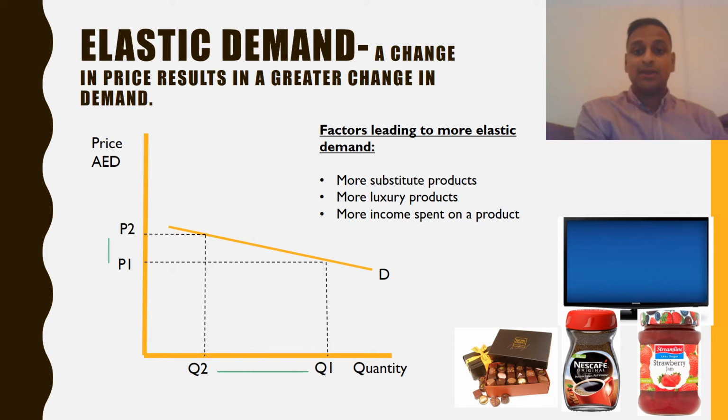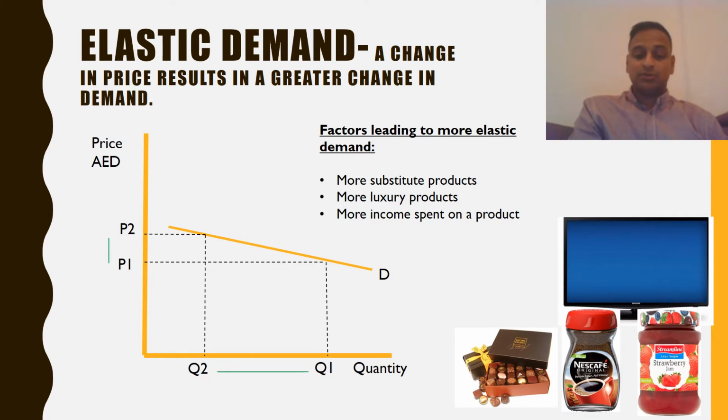So for example, elastic products tend to have more substitute products. So if we take strawberry jam, if the price of strawberry jam increased, then consumers would switch to more substitute products, so things like raspberry jam, apricot jam. The degree of necessity is another factor which affects the elasticity. So is the product a necessity or is it a luxury product?